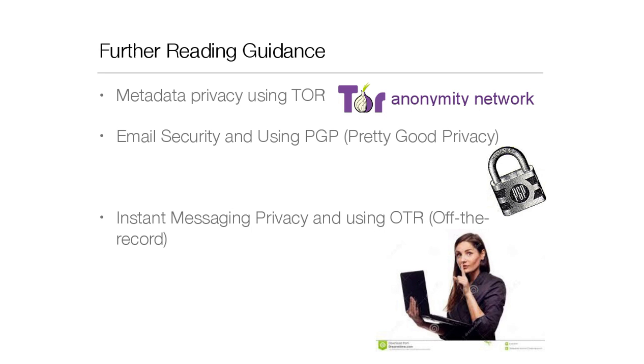PGP gives the email writer the ability to encrypt the email from their side and allows the receiver to decrypt it on the receiver's side. That provides end-to-end security between the email sender and receiver. This is also based on public key technology, not public key infrastructure.